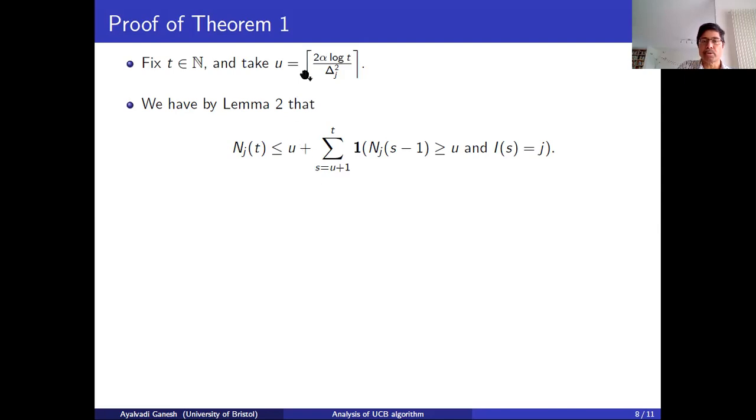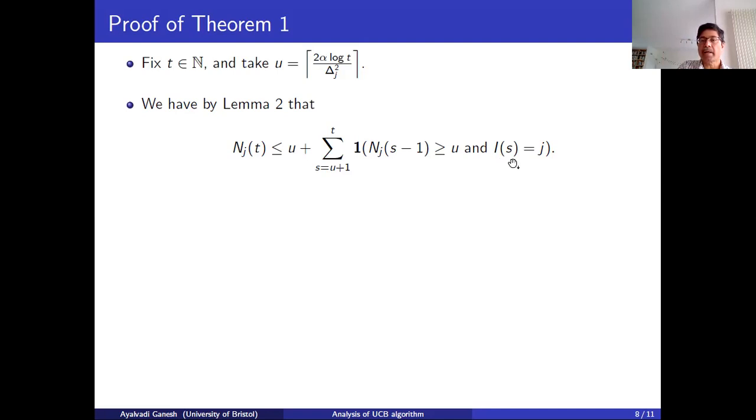Okay, so we are going to use this u. And then we have the sum, which is the indicator that nj has exceeded u or equaled u by time s minus 1, and in time step s, we choose to play arm j. The notation I has changed a little bit. In the proof of the lemma, I was a 0, 1 valued random variable.